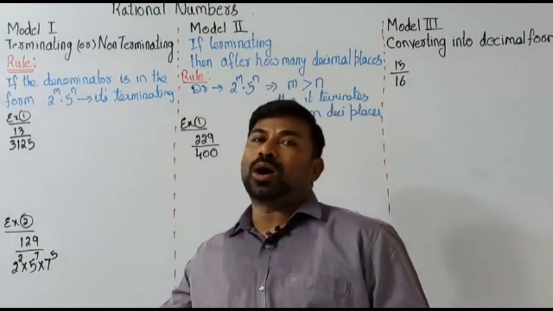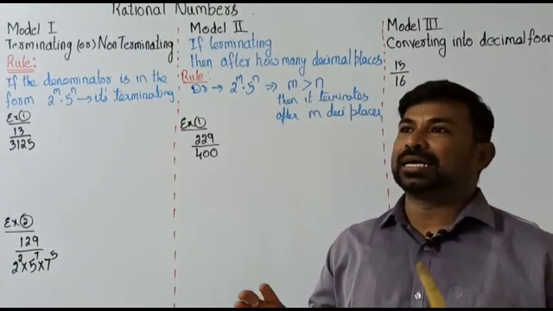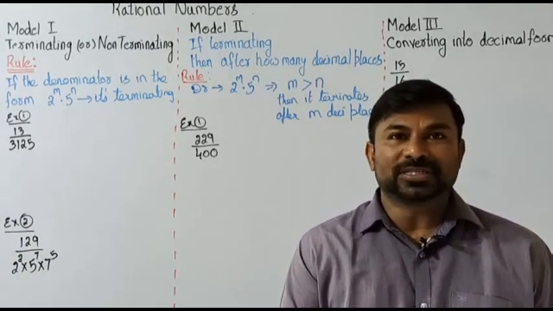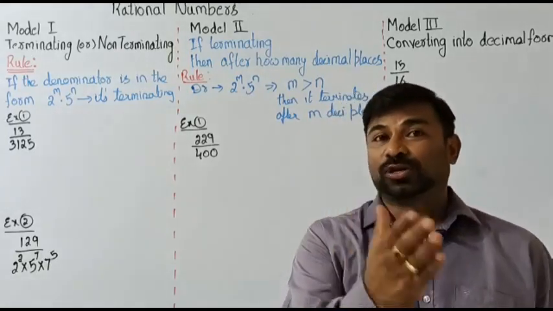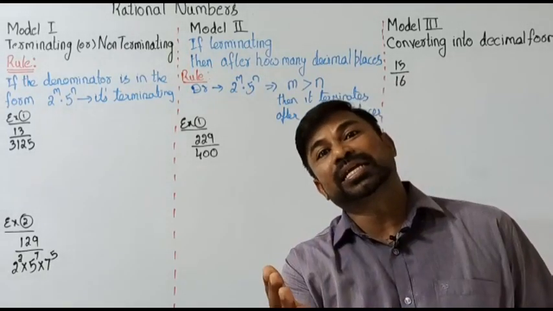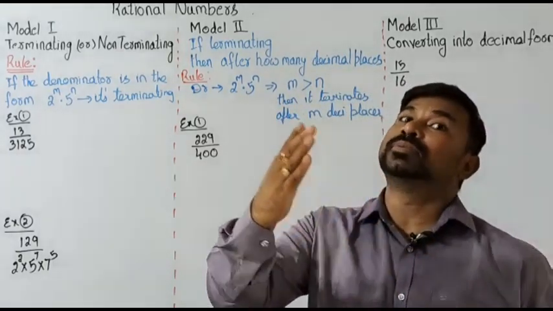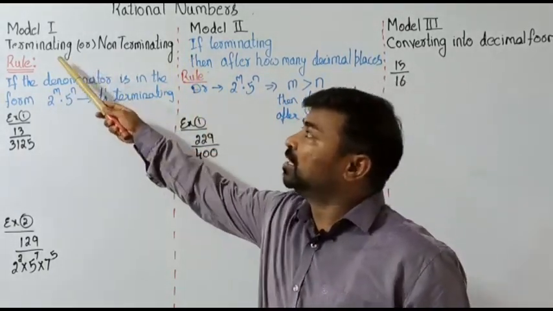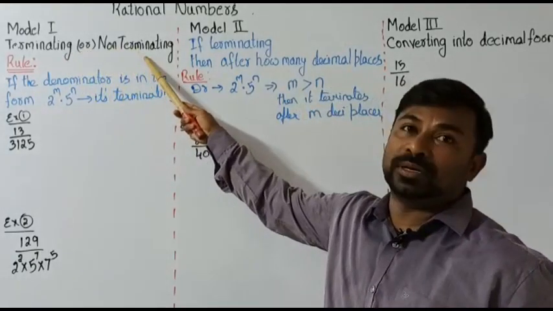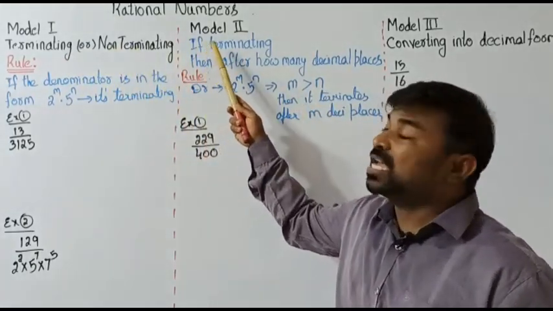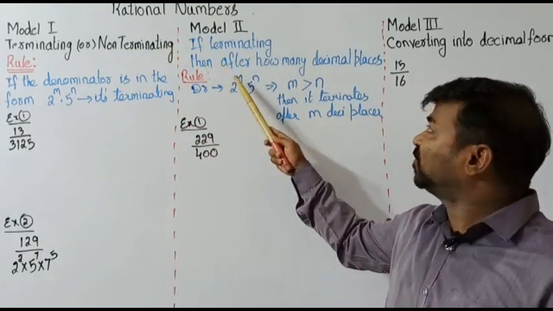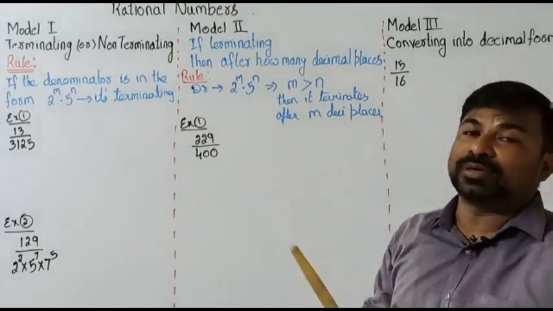So, in this video, I'm going to explain regarding rational numbers, whether those rational numbers are terminating decimals or non-terminating decimals. I would like to repeat: terminating or non-terminating, that is the first model. If they are terminating, after how many decimal places they are terminating.